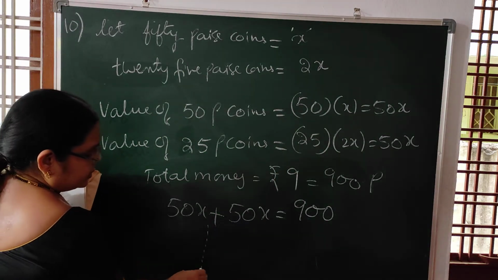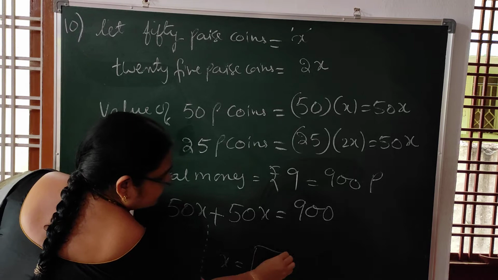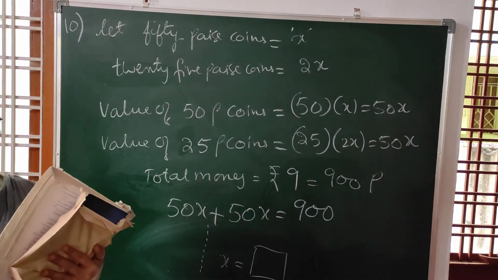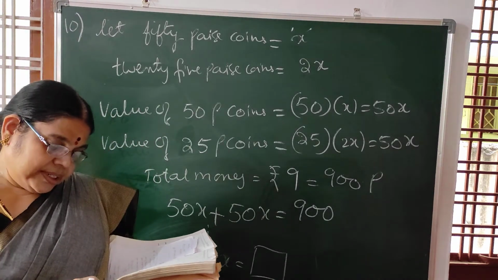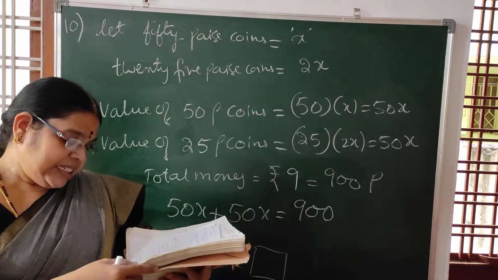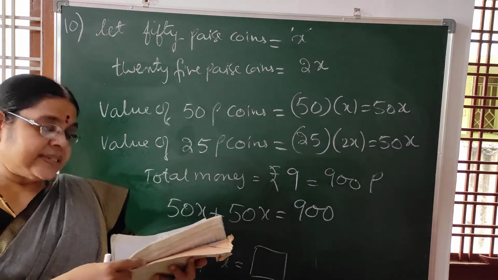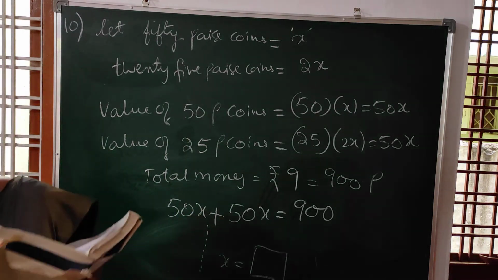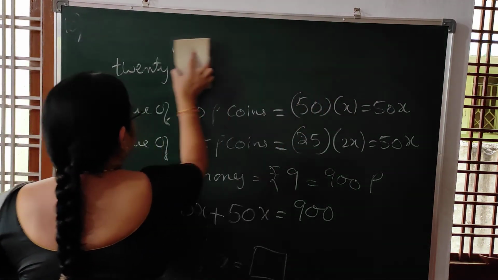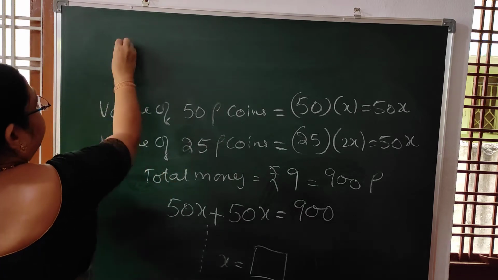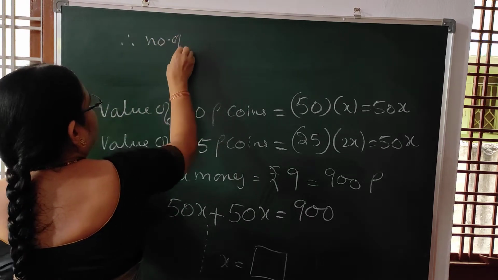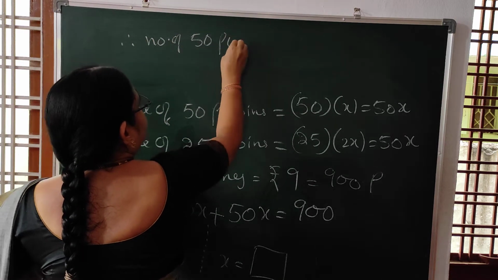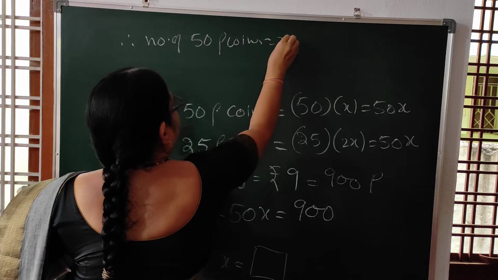When you solve this, you will get x is equal to something. What you are asked to find in the question is how many coins of each kind she has. So at the end, the number of 50 paise coins is equal to x.